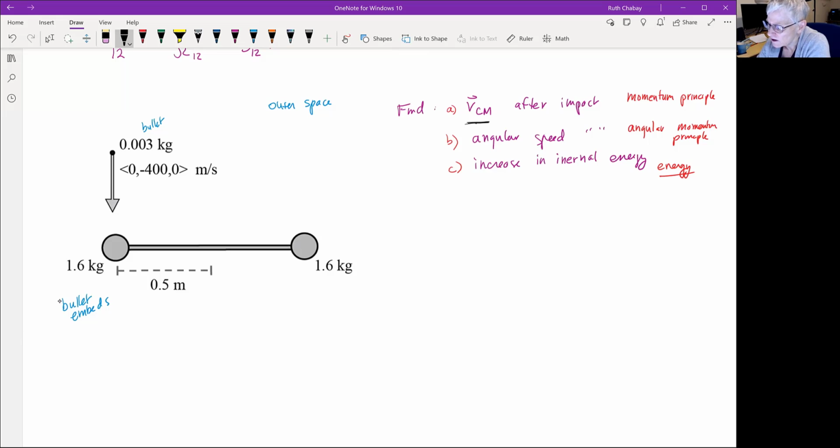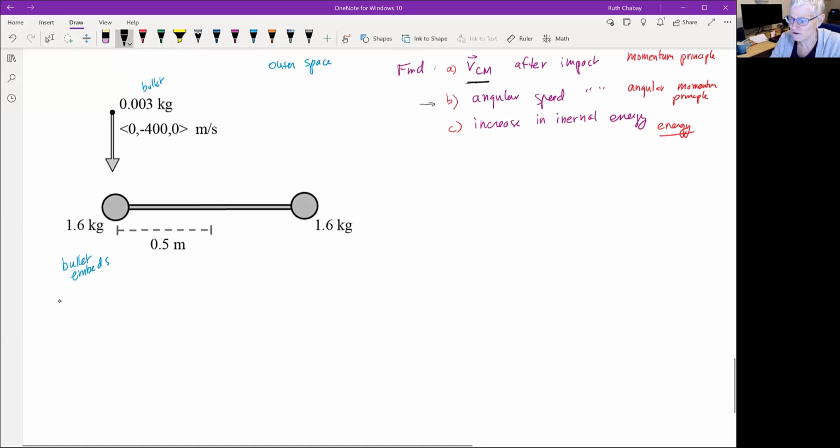We can't use the energy principle to find the angular speed either, because we can't assume this collision is elastic. In fact, we know it's not elastic because the bullet sticks into it, and so that's really inelastic. So we're going to touch on all three fundamental principles in solving this problem.